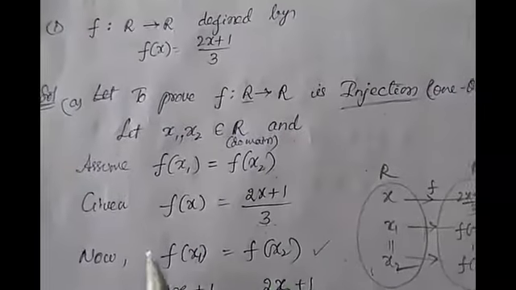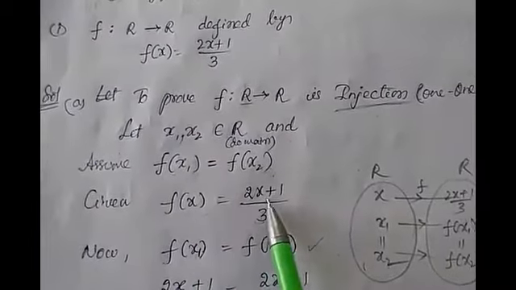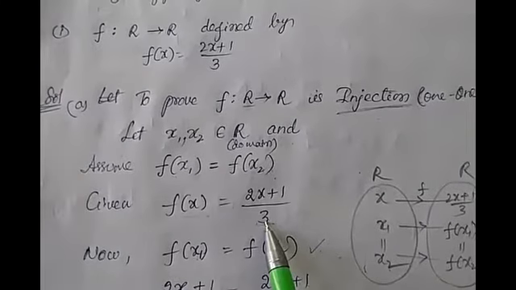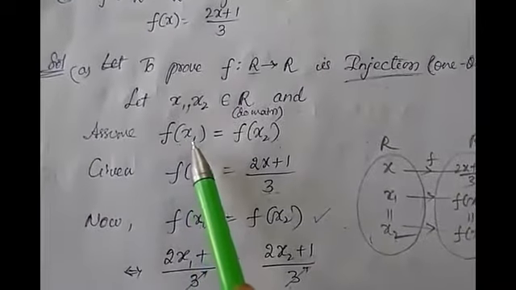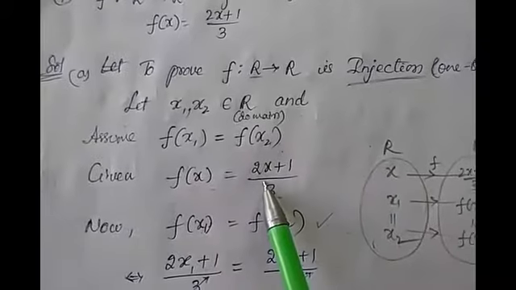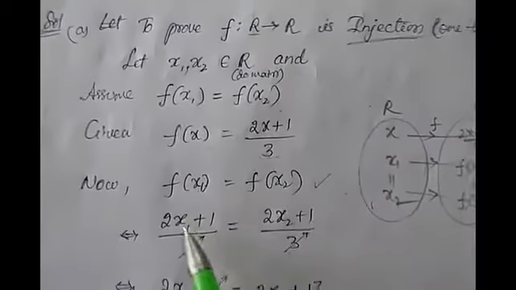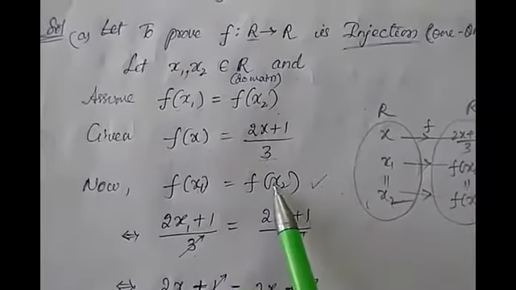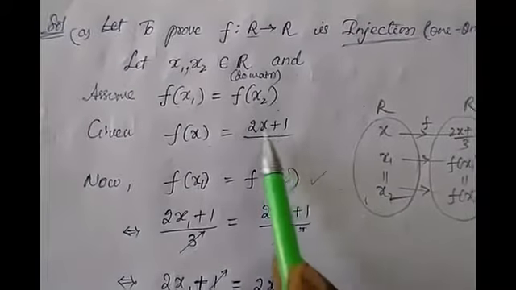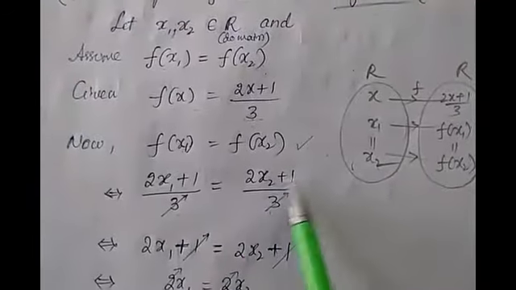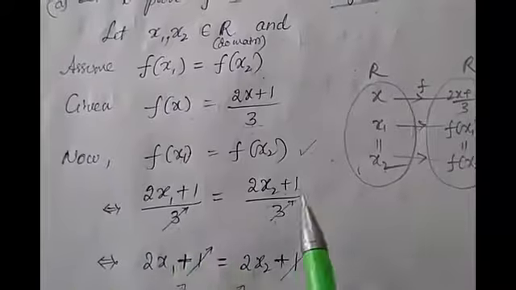For that, the given function is f of x is equal to 2x plus 1 by 3. So f of x1 means substitute the x1 value in this. You get 2x1 plus 1 by 3, and if you substitute x2 instead of x, you get 2x2 plus 1 by 3. Now simplify these two things.